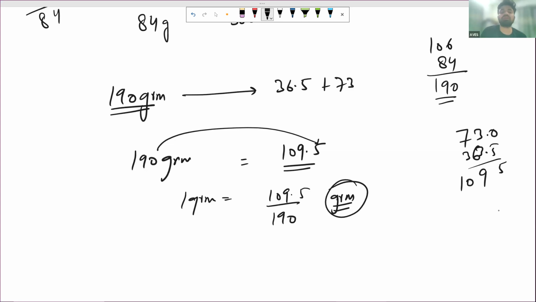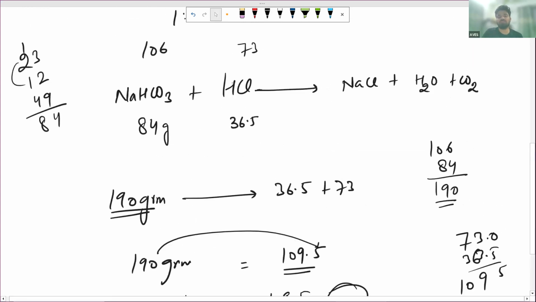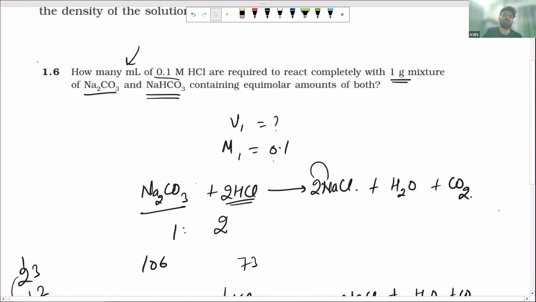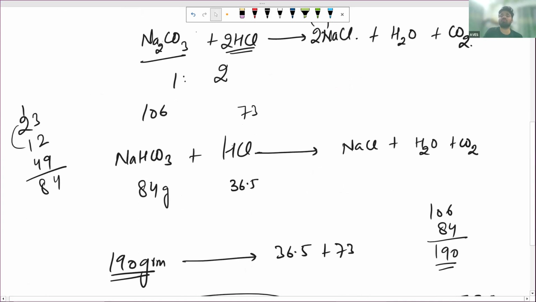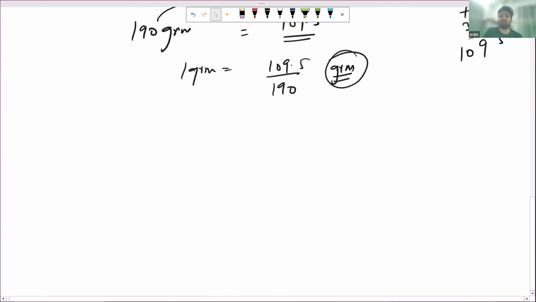But the question asks how many ml of HCl will be required, and this is in grams. The HCl is 0.1 molar, so just concentrate here: molarity is given to you. What is molarity?